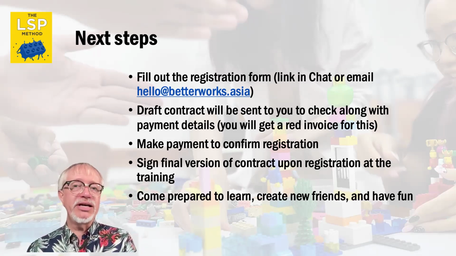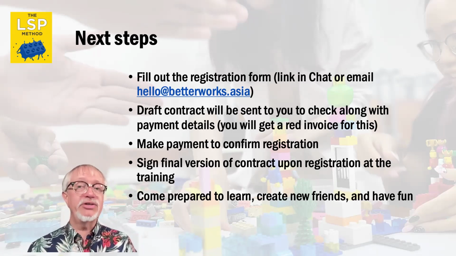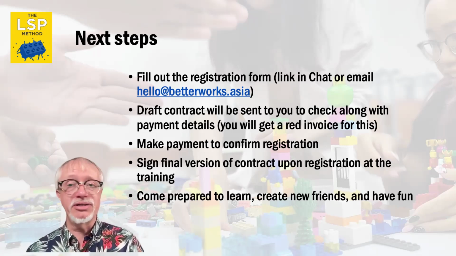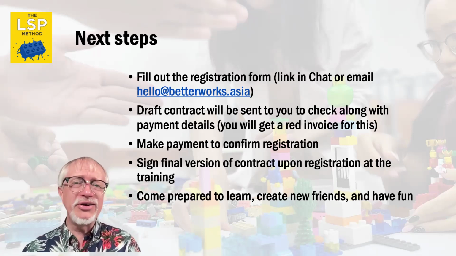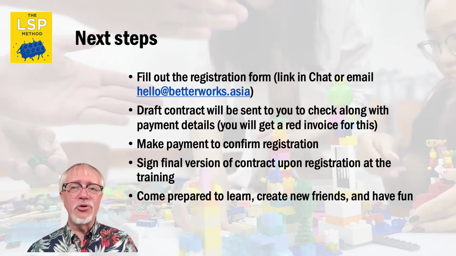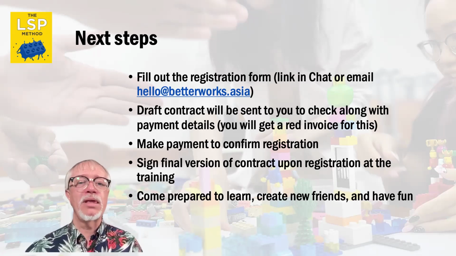If it's within 3 days, then you have the option of shifting your registration to a later training or getting a 50% refund. So that's how we're handling it. I think it's a pretty generous approach. We understand that things come up at the last minute, and we don't want to overly penalize you for that.